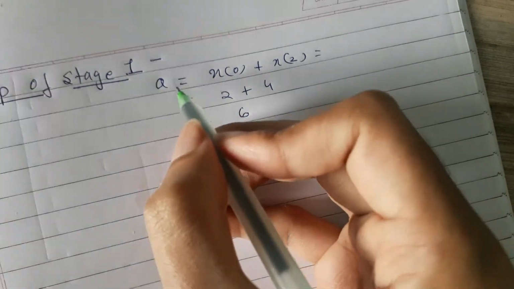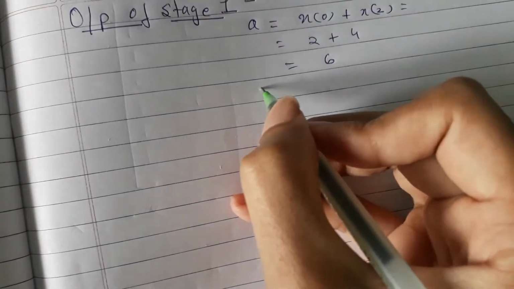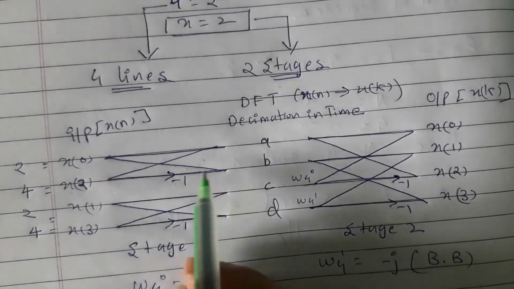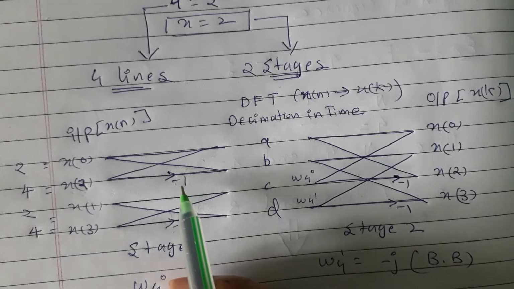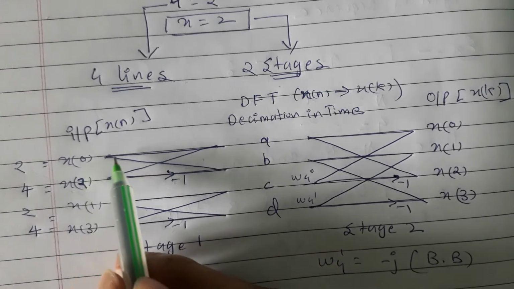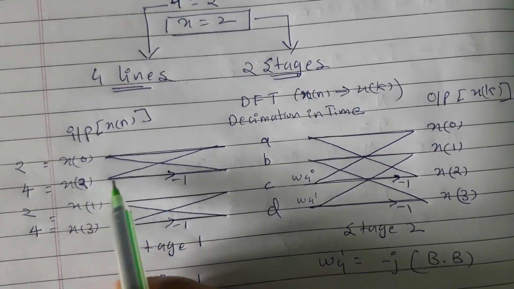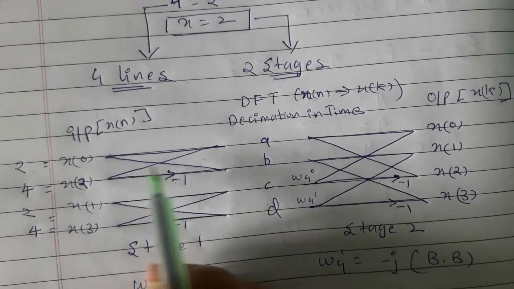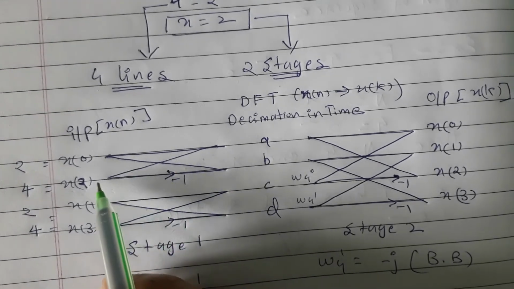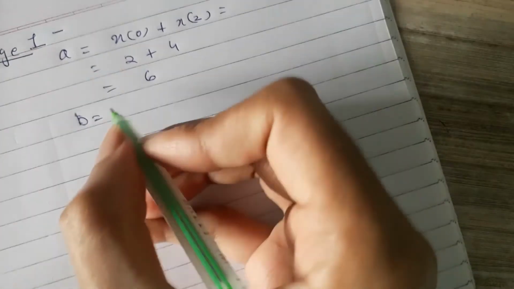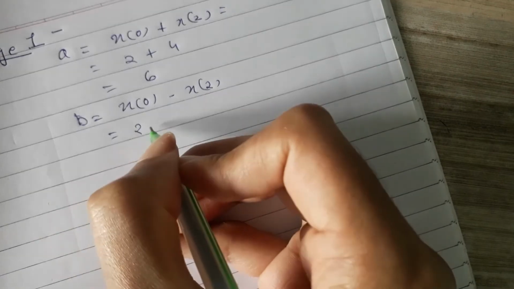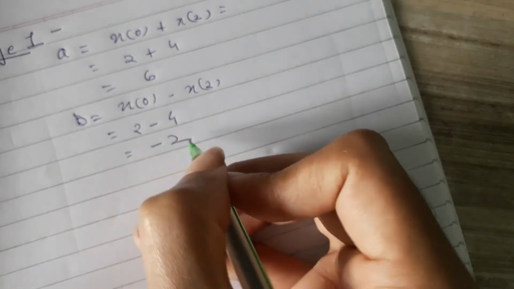So we got our first point from stage 1, that is A. We will move towards B. Same way we will calculate B, but here at the end of the butterfly we got a negative 1. So at B, 2 points are coming, x0 and x2, left to right. So we calculate B as x0 minus x2, 2 minus 4, that is -2.